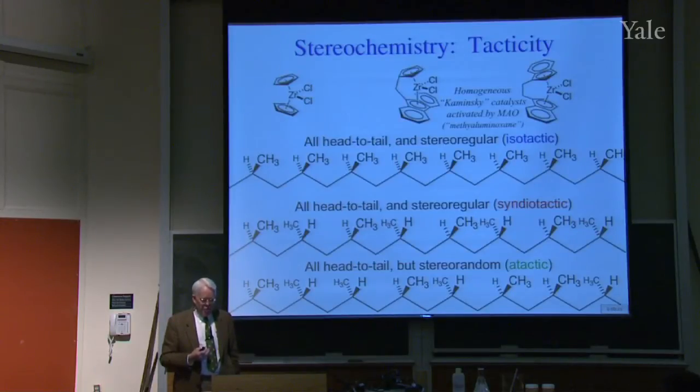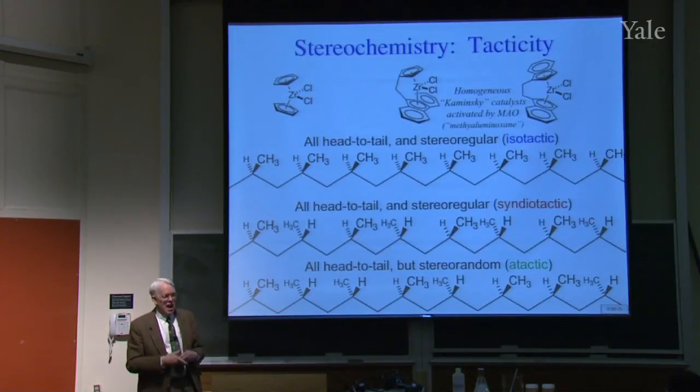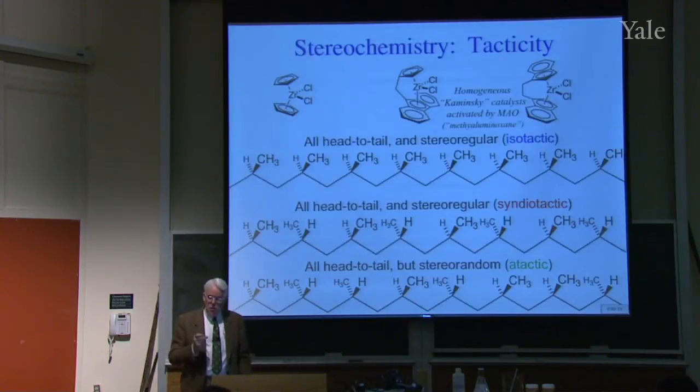MAO is methyl aluminoxane, which is a sophisticated name for something that nobody knows what it is. Okay? You mix stuff together and you get that. And it's not always the same. But if you add it to these zirconium dichloride complexes, you get a very active catalyst.